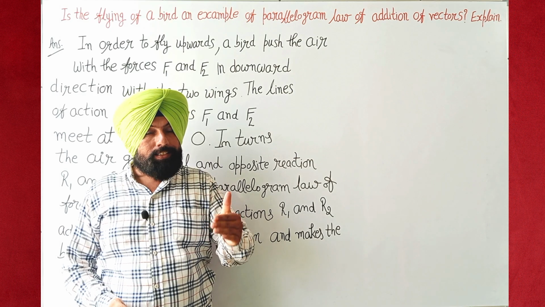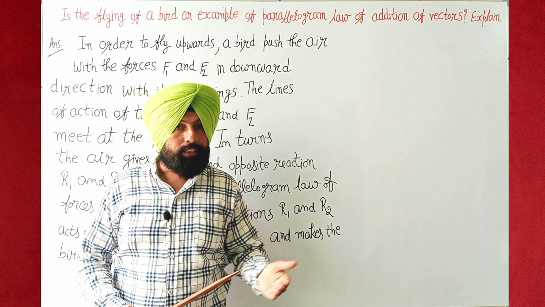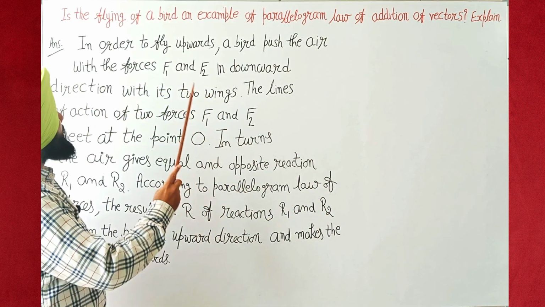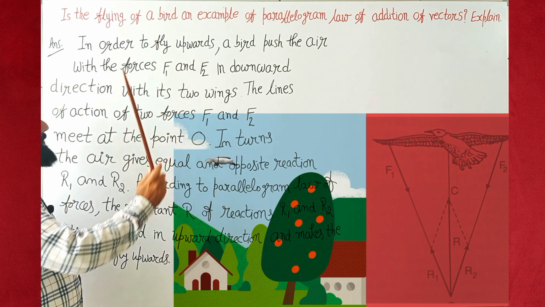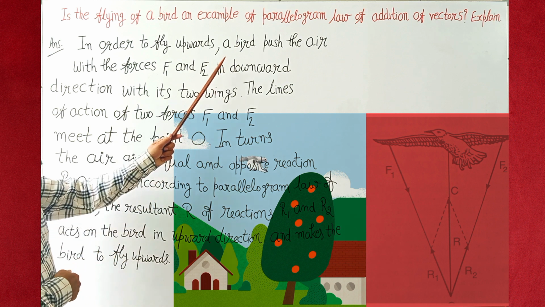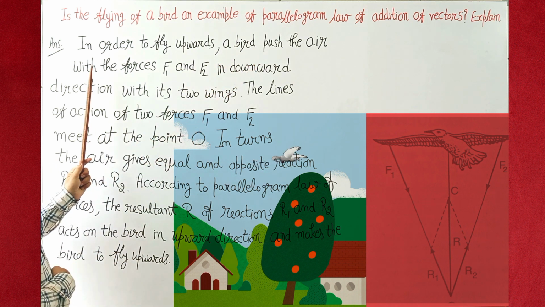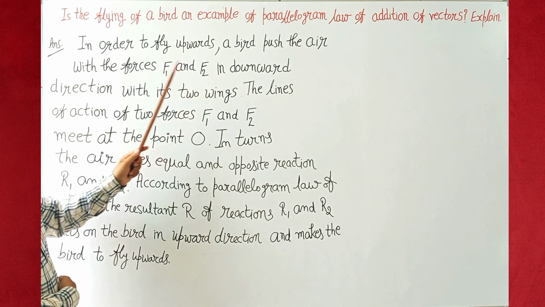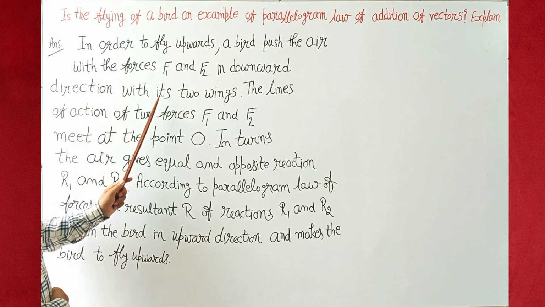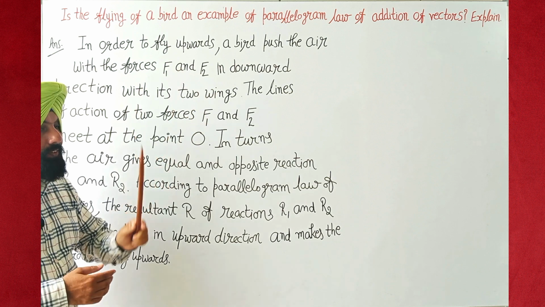So the answer of this question, let us discuss. In order to fly upwards, a bird pushes the air with the forces F1 and F2 in downward direction with its two wings.